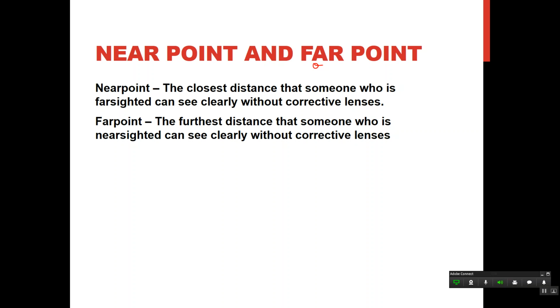All right. So if you're farsighted, is your lens stiffening at an elongated position or at a contracted position? Elongated, right? Because you're able to see far objects but not close objects. So stiffening of the lens at the elongated position.